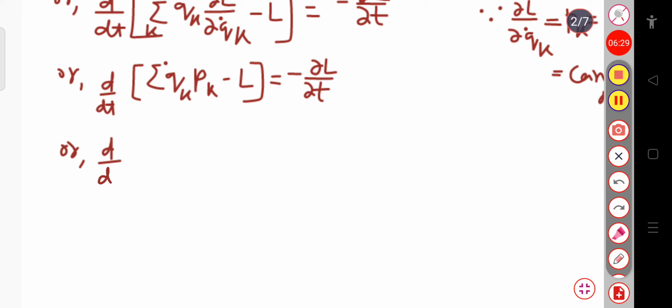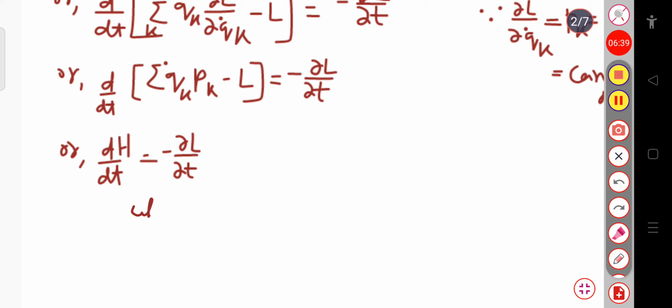I will write this is H, that is the Hamiltonian, that is equal to minus ∂L/∂t. Here H equals sum over pk q̇k minus L, q̇k into pk is same as pk into q̇k. So pk into q̇k minus L, and that is called the Hamiltonian function, or Hamilton's function.